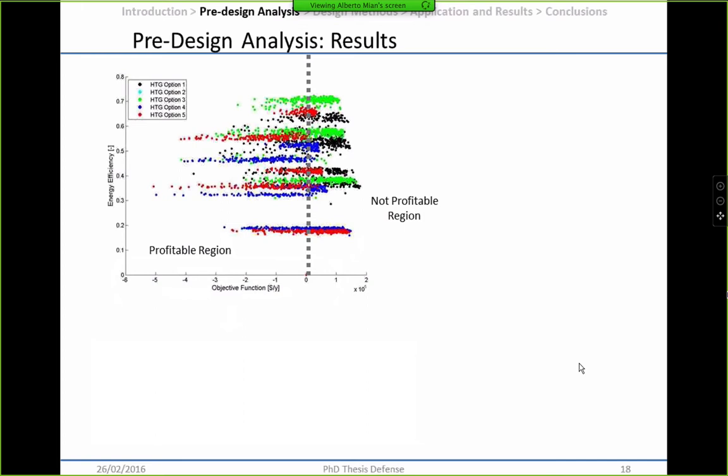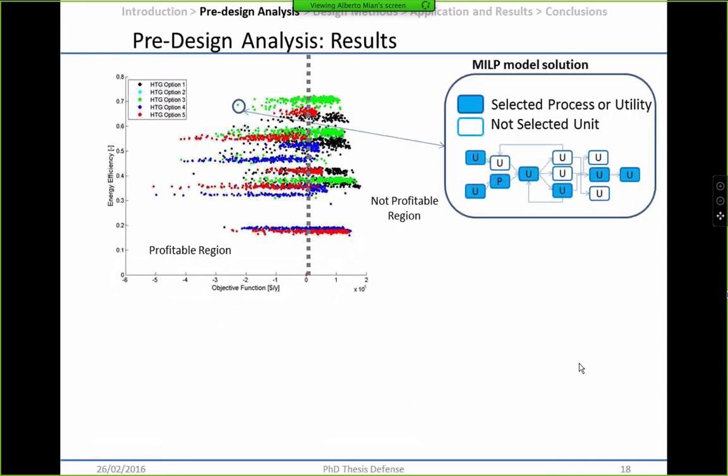In this case, we see that each of these points corresponds to a selection of utilities for a given process, so a solution of the previous superstructure. In particular, I organized the plot in such a way that I was considering 5 classification options, and here I highlight which solutions have the same classification option.